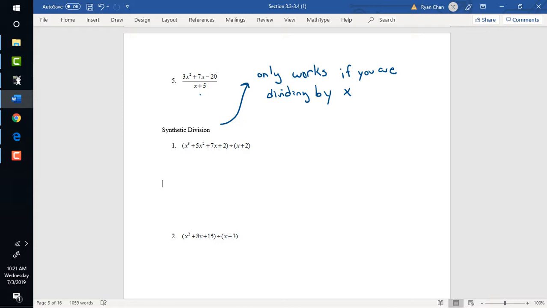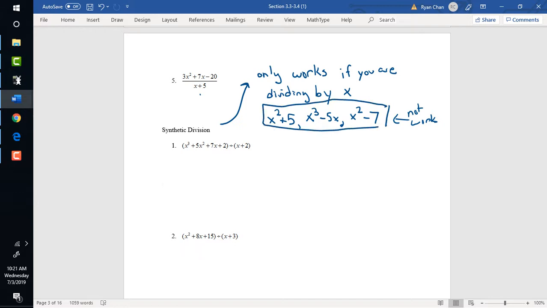Okay? So, for example, if I'm dividing by x squared plus 5, or by x cubed minus 5x, or x squared plus 7 minus 7, these will not work, okay? Because all these have degrees more than 1.